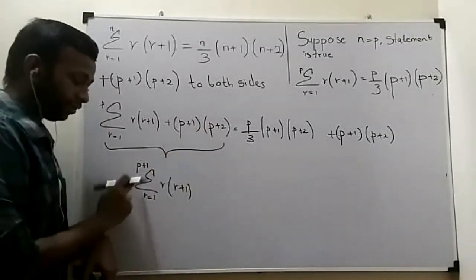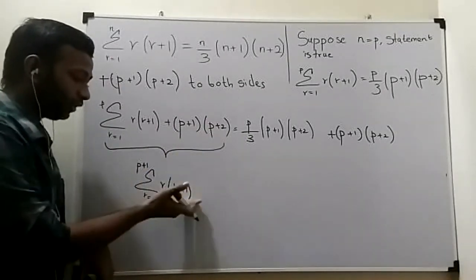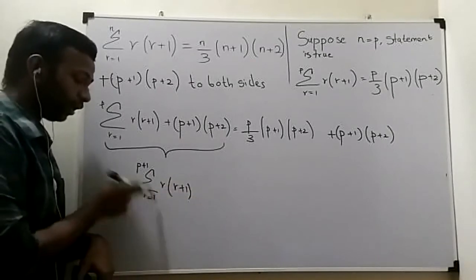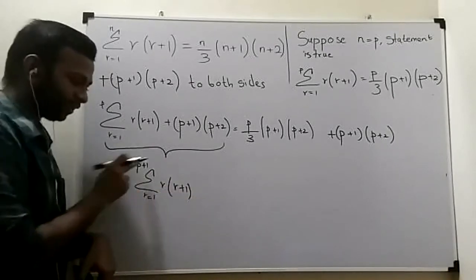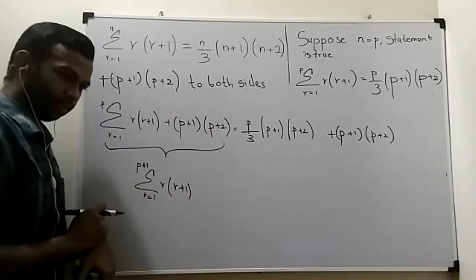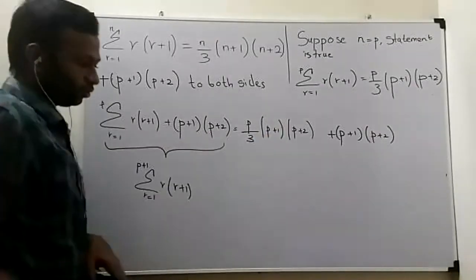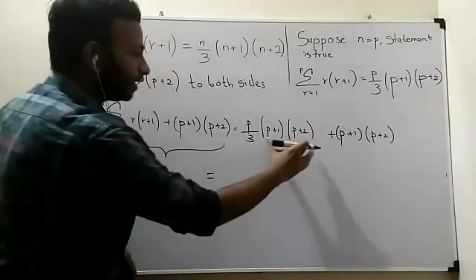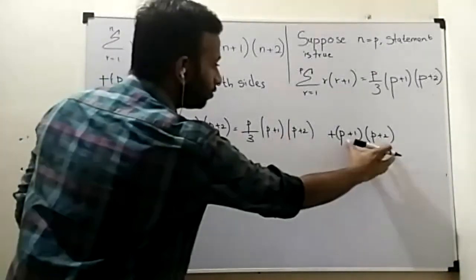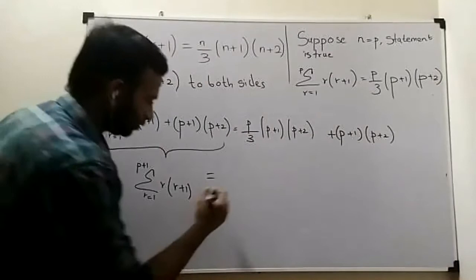And we added that. Together, we can say this whole term can be written as R equals 1 up to P plus 1. Remember, the P plus 1 comes on top, not in this thing. Okay, so here what can I do? We can take the common factors out. We can say P plus 1, P plus 2, P plus 1, P plus 2. Can I take this out? Yes.